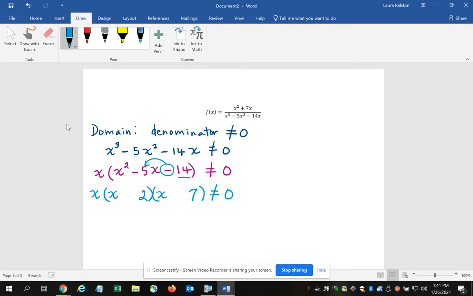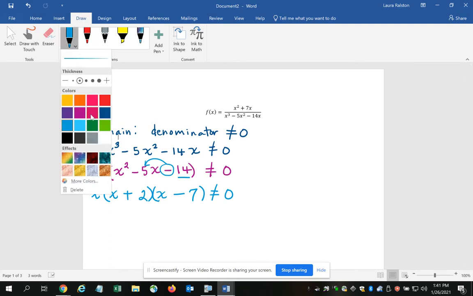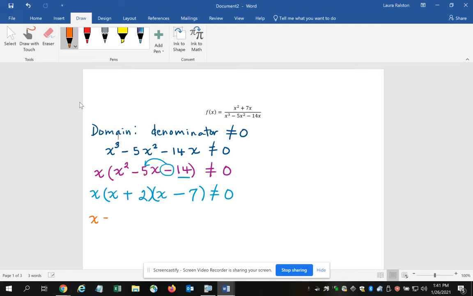And I want to end up with a negative 5, so the 7 is negative and the 2 is positive. And so then I know that x cannot be 0, x plus 2 cannot be 0, and x minus 7 cannot be 0.